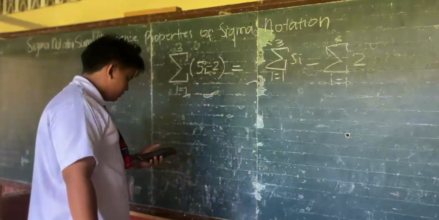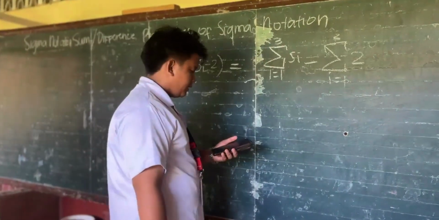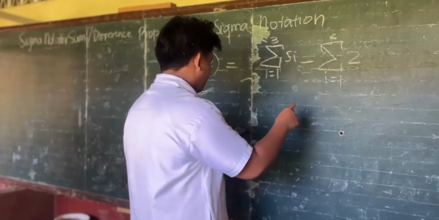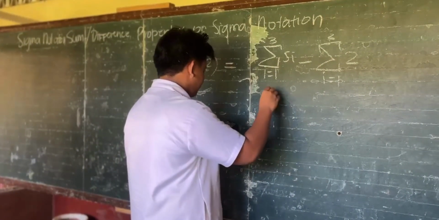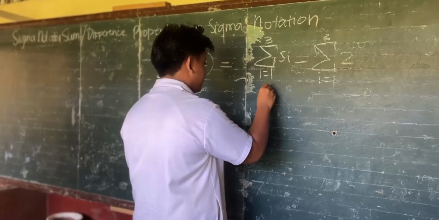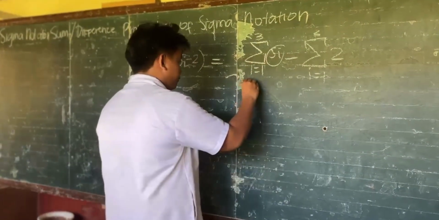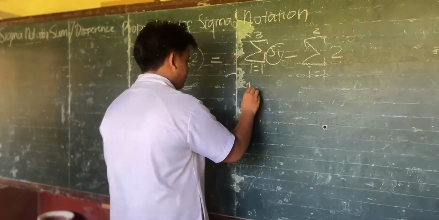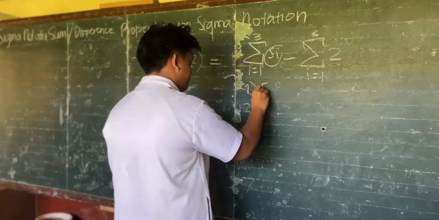And the second step we're going to do is calculate the first term. So this is our first term, and the term in this sequence is 5i, for i equals 1, 2, and 3.